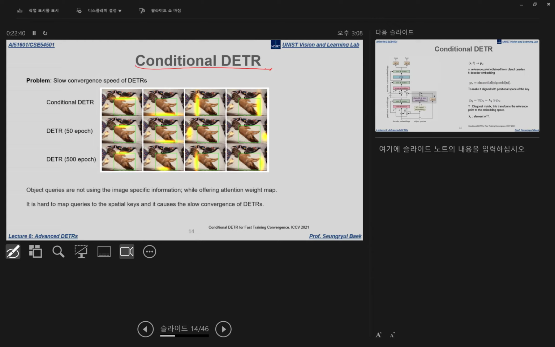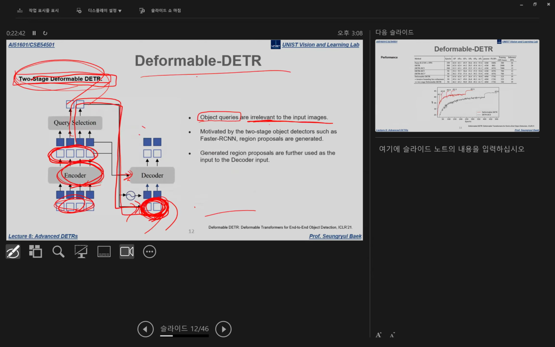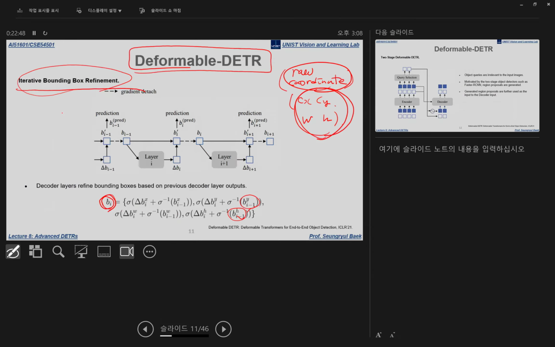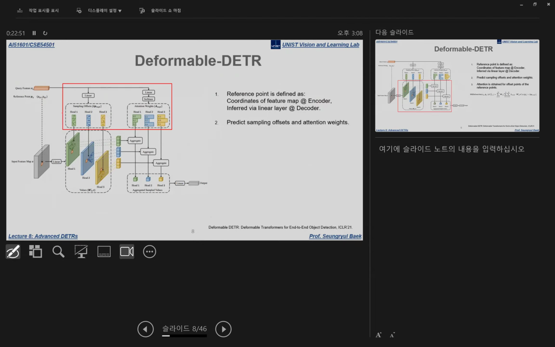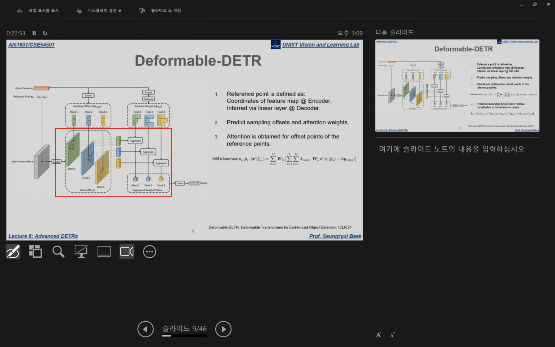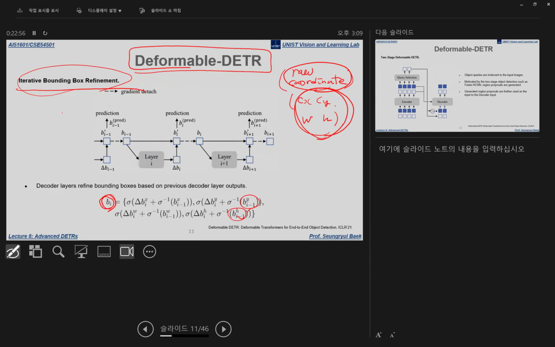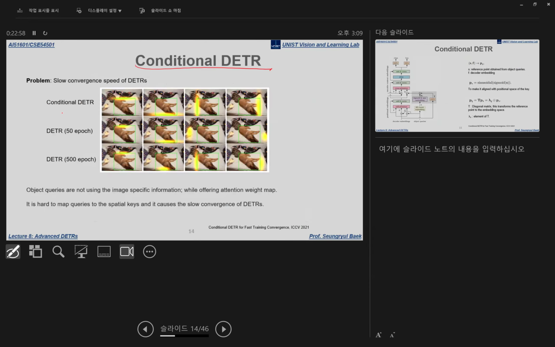Okay, so in Deformable DETR, they are using the two-stage DETR architecture, but mostly they are changing the attention mechanism to a linear mechanism. That was the main contribution of the Deformable DETR. But in this Conditional DETR, they want to explicitly give some spatial information to the object queries and experiment if that can improve the training property of the DETR.